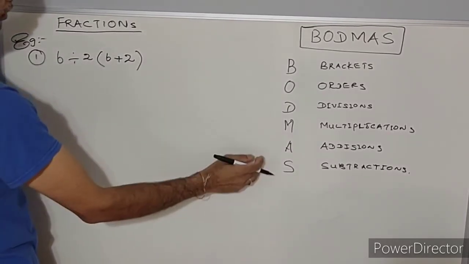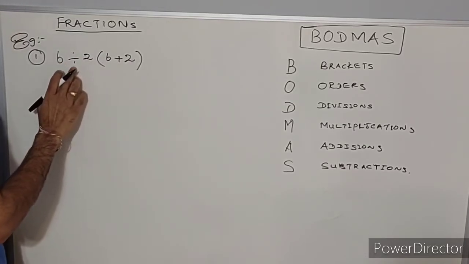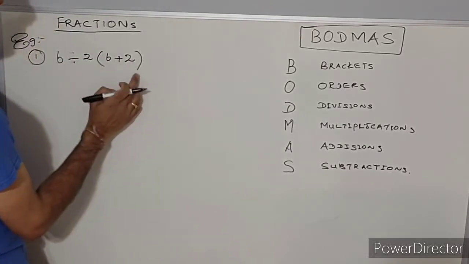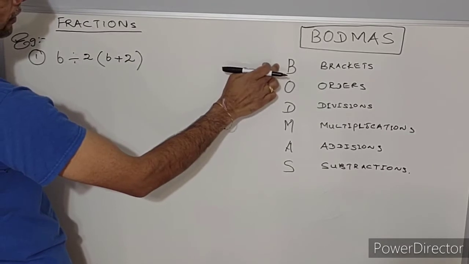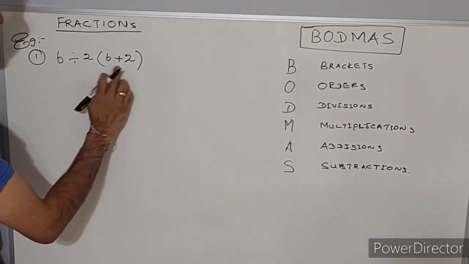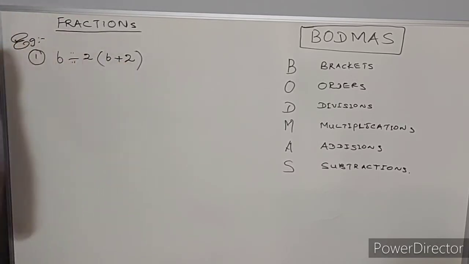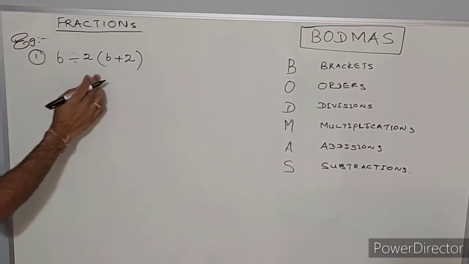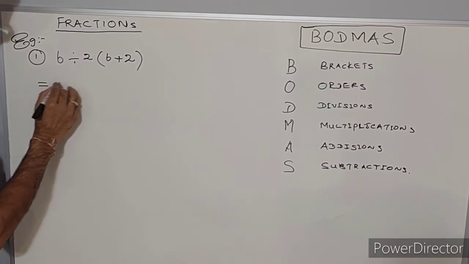We can go here in the BODMAS. The division is here, the brackets is here. Then first we have to do the brackets. We have to resolve within the brackets, whatever it is. Then everything else, you can write it down.